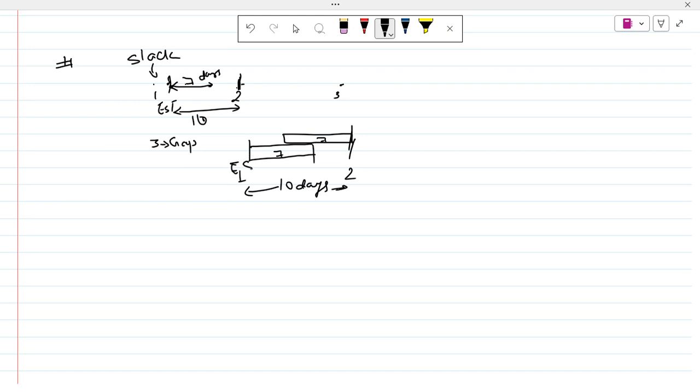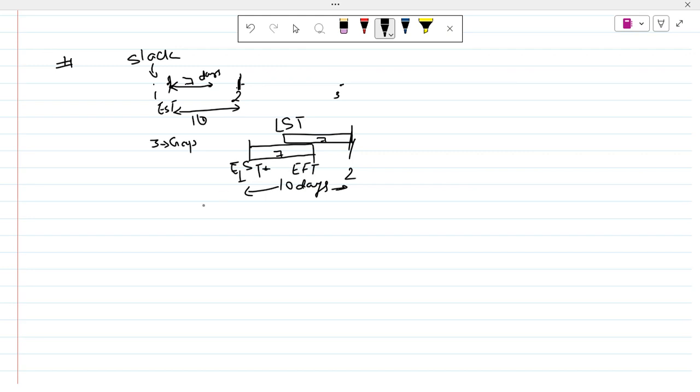The earliest starting time is the very earliest starting time of the event in this whole gap. The latest starting time is the latest starting time of the event if it is pushed to start as late as possible. If it starts at the earliest starting time, plus 7 days is the earliest finishing time of the activity.